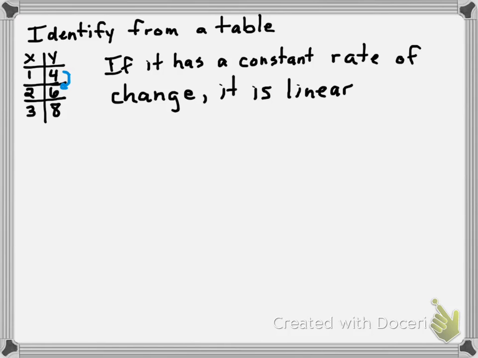So the y is changing up 2, and the x went up 1. And then the next y changes up 2, and the x changes plus 1. That's the same every time. See, it went up 2 over 1, up 2 over 1. That's a constant rate of change.